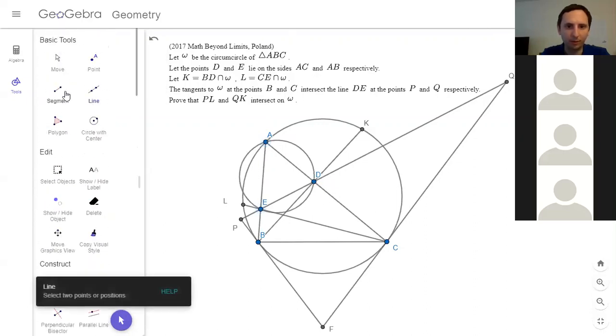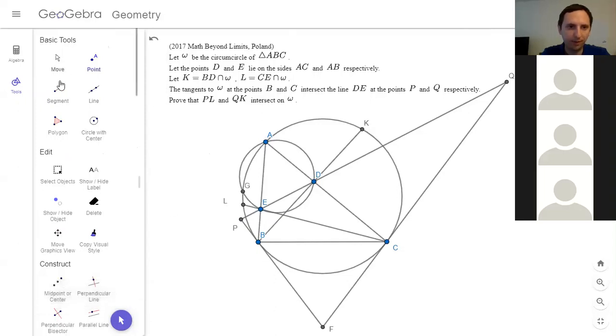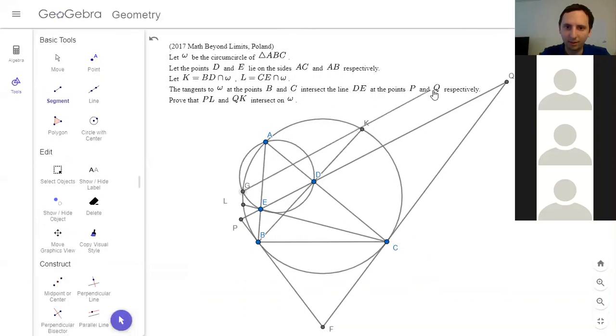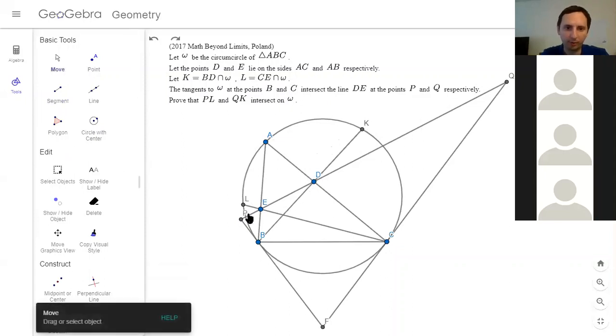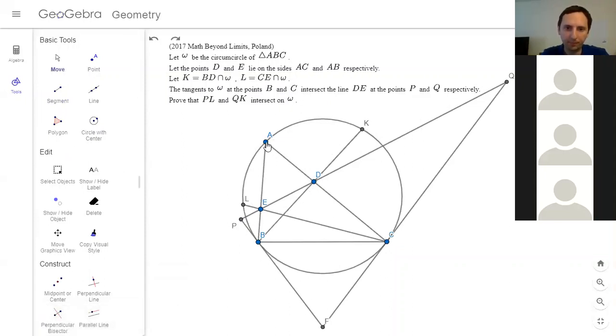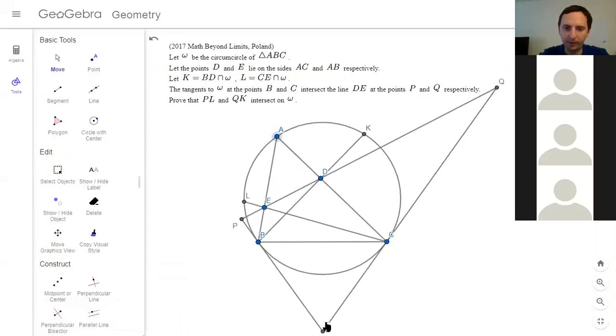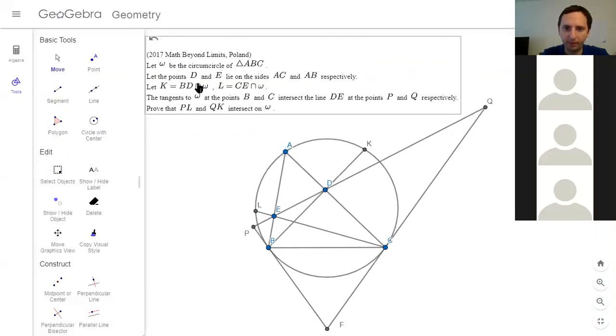Okay, let's see. So, it's not true. Oh, it's almost true, but it's not. Let's see. Okay, so basically, we want to say something about the angle between PL and QK, right?